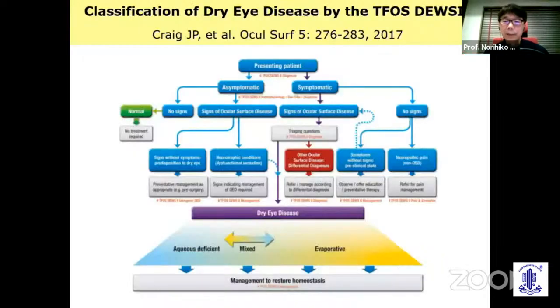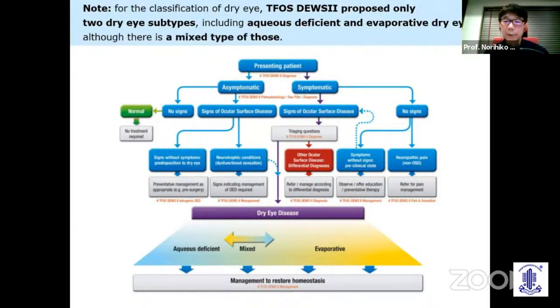This slide shows the classification of dry eye disease proposed by TFOD. Please note that for the classification of dry eye, TFOD proposed only 2 dry eye subtypes, including aqueous deficient and evaporative, although there is a mixed type of those.